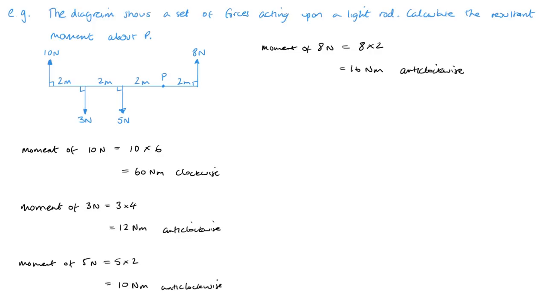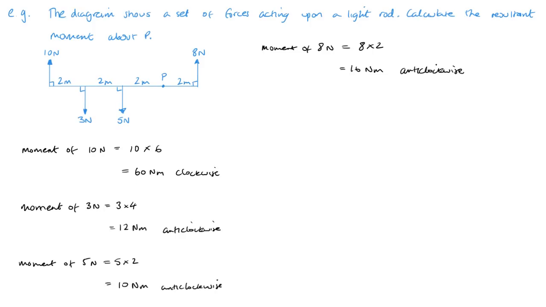So I can see these 3 anti-clockwise forces, but are they bigger than the clockwise one? Just having a little scan through them, 16 and 12 is 28, plus 10 is 38. It's not as big as the clockwise one.